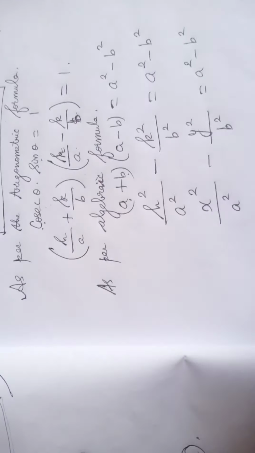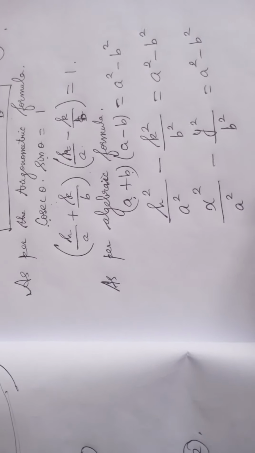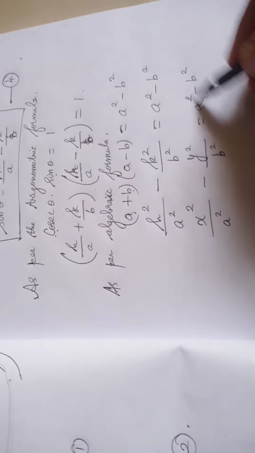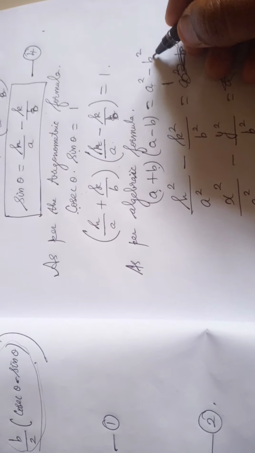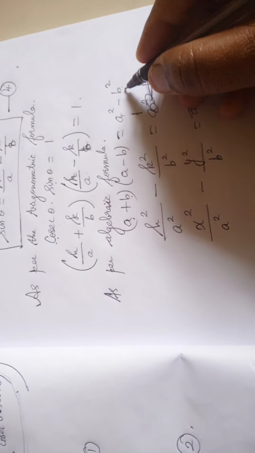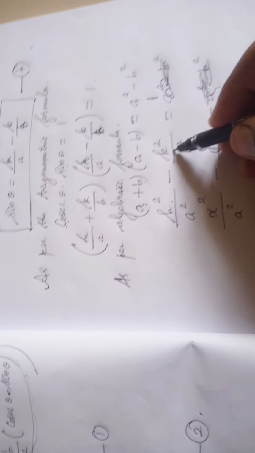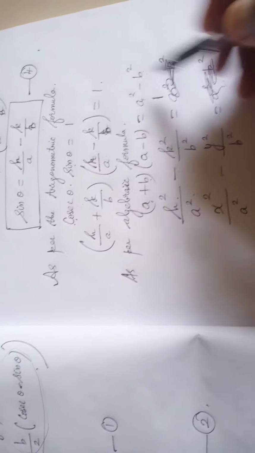So this equals 1, by the formula (a + b)(a − b) equals a² − b². So h² by a² minus k² by b² equals 1. Taking the LCM a² b², x² into b² minus a² y² equals 1.